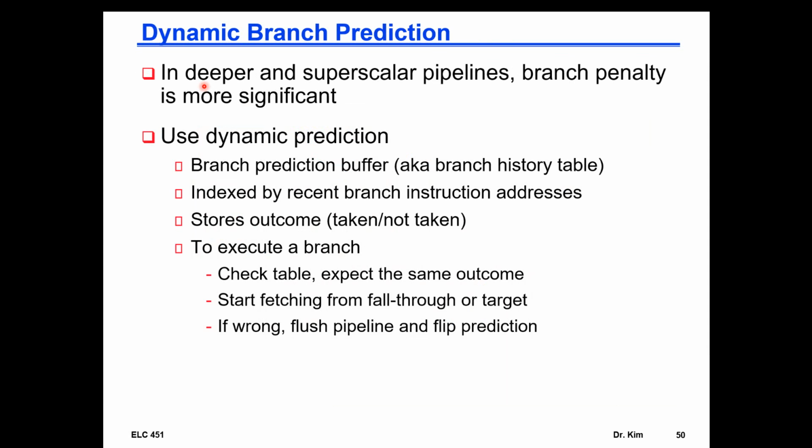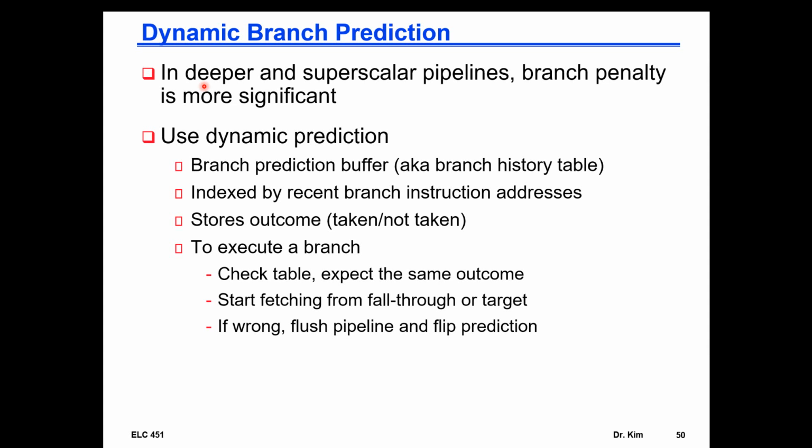So that was pretty easy to do in our short pipeline, but dealing with control hazard becomes a major challenge as you have deeper pipelines, as we'll see, where you have multiple replicated pipelines in what is called superscalar processors. Because now you have a huge number of instructions potentially running in the processor at the same time.